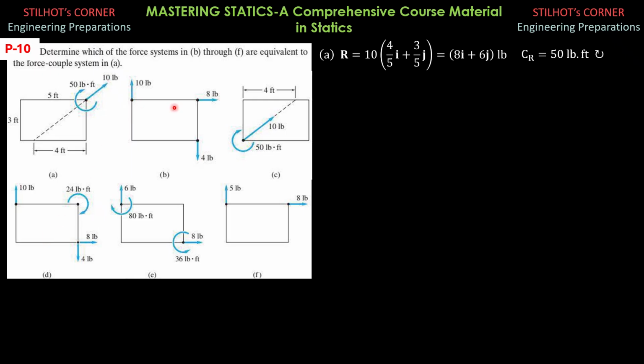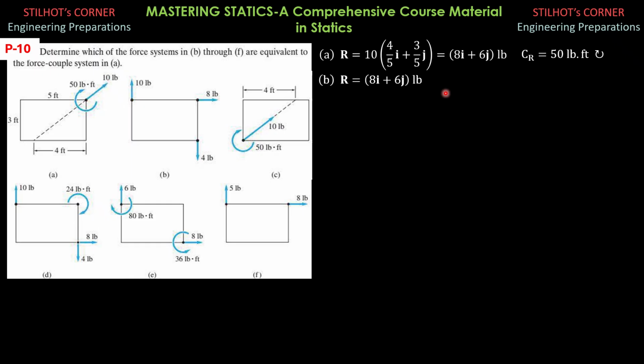Then each of these force systems from B through F should have the same resultant force and couple for them to be equivalent. In part B, Rx is 8, Ry is 10 minus 4, so 6. So it is also 8i plus 6j.